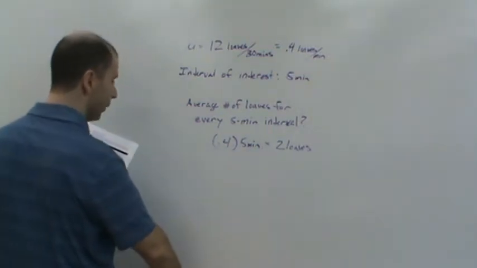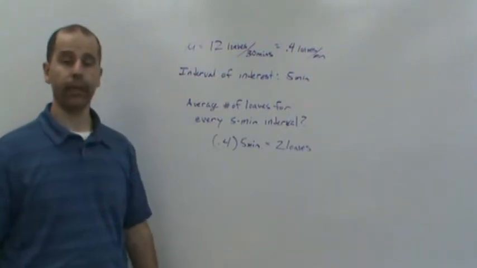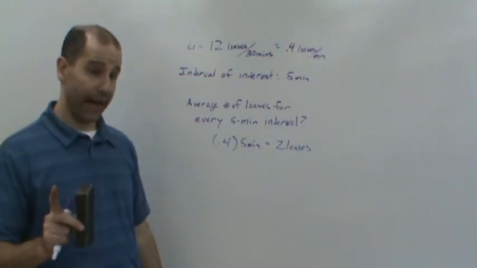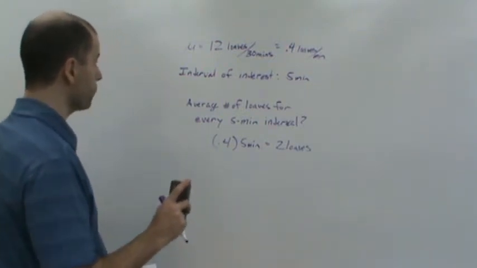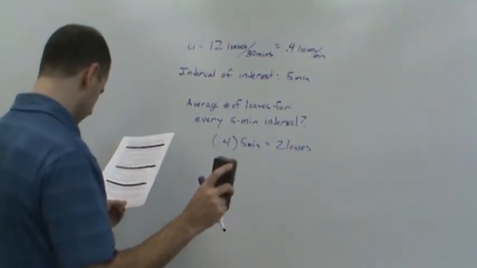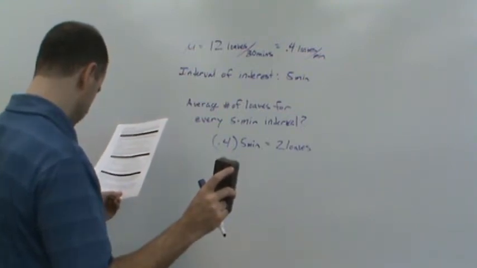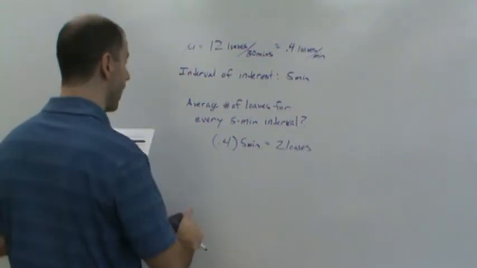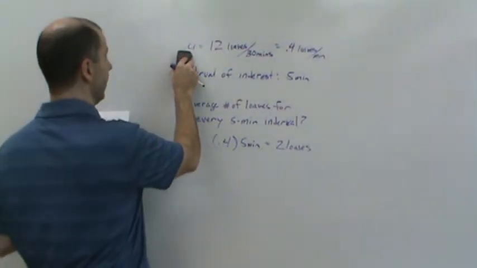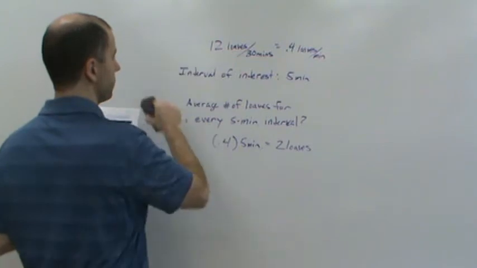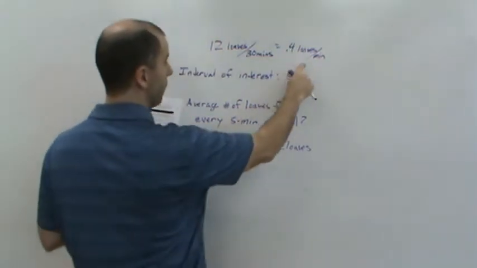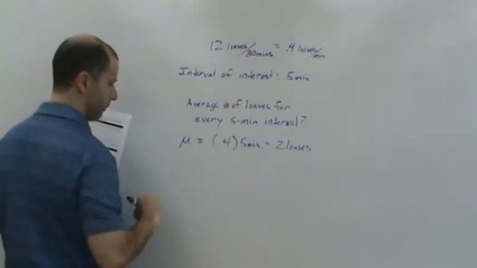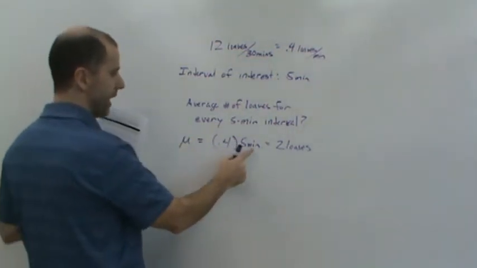Well, now we know how to do the notation, right? Because remember, the rate of change, we want the average. So what we just found, right, it's based on 5 minutes. This isn't mu, this is the rate. This is the average rate per 30 minutes. Okay, so this is the rate per minute. So this is mu. Sorry, I misspoke. So this is mu because it's based on the interval.